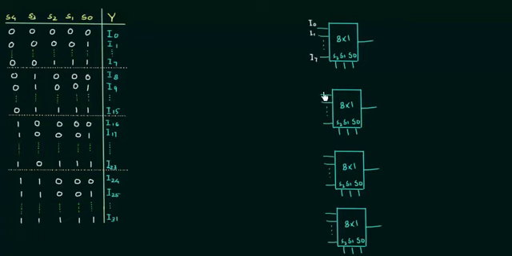For the second multiplexer, the inputs would be I8, I9 all the way to I15. In the same way, we will have I16, I17 all the way to I23, I24, I25, and finally I31. So these are our 4 8 cross 1 mux with selector variables S0, S1, S2.